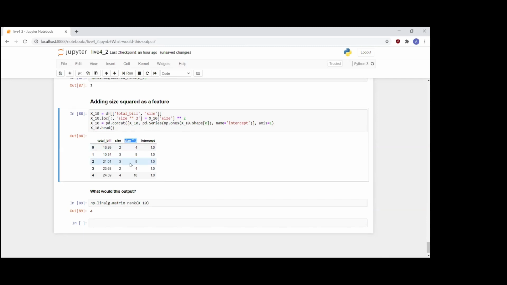Because you're taking the square, it's now a quadratic relationship, and what rank looks at is linear relationships and linear dependence. So because there are no linear relationships anymore, the rank is 4, and now I can do least squares and get a unique solution. All right. Any last questions, or I'm going to pass it to Serge?